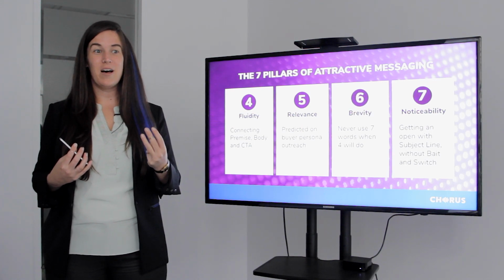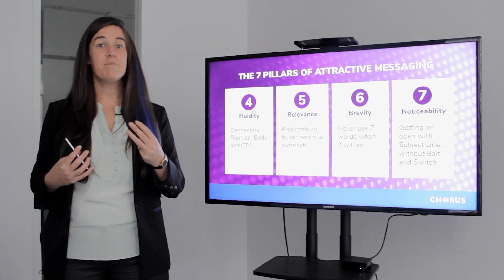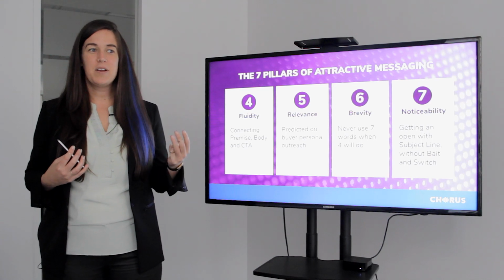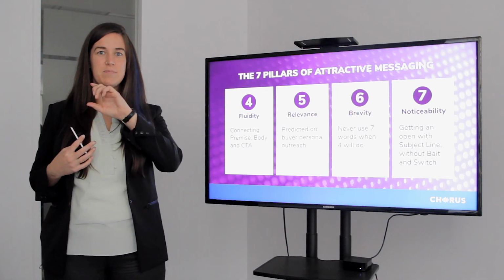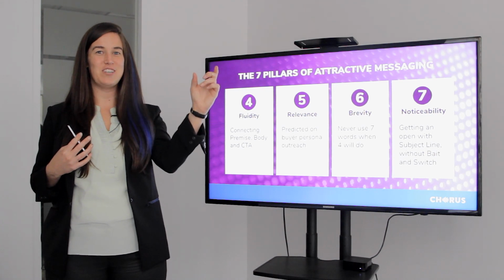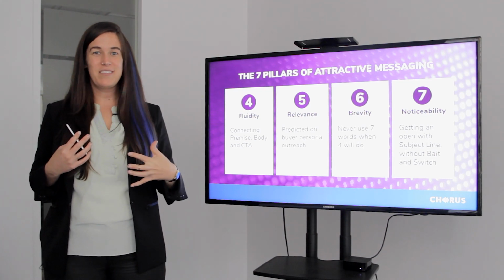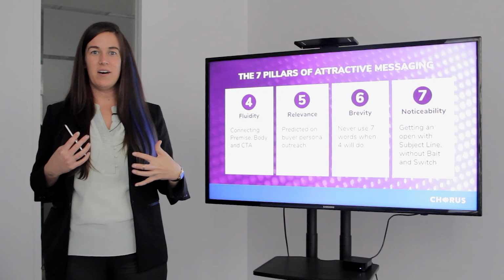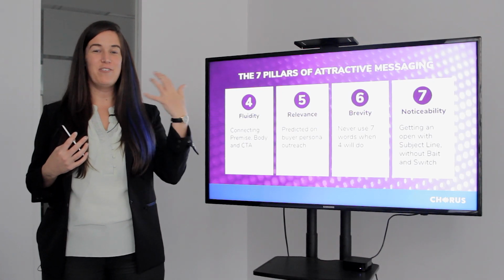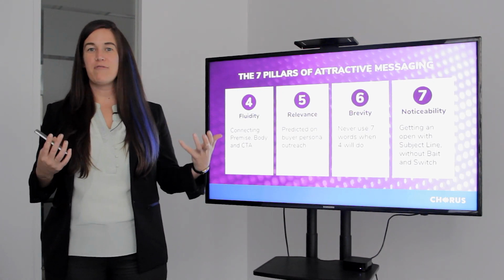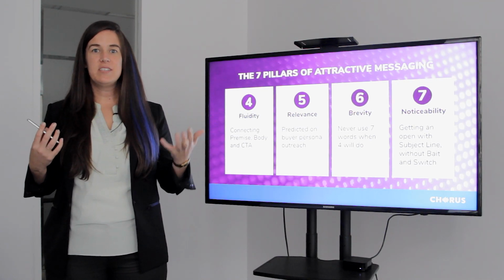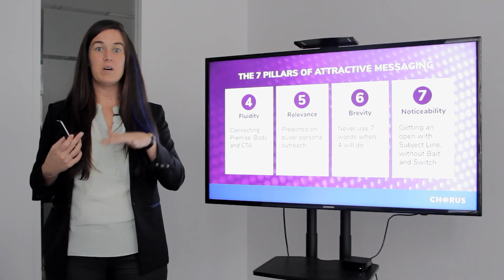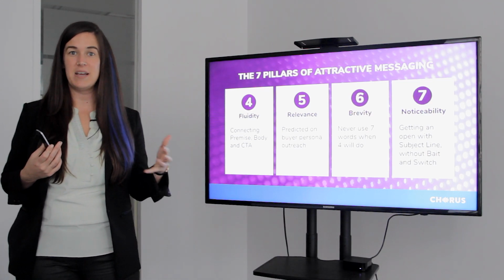A great example of not deploying this pillar is one of the highest email engagement rates of all time, an email with a subject line that said, "Pictures of your wife cheating on you." And then the body of the email was talking all about a weight loss campaign, on if you didn't lose weight, then your wife would cheat on you. So it had a massive open rate, but then every single person that opened it was furious because they felt bait and switched.